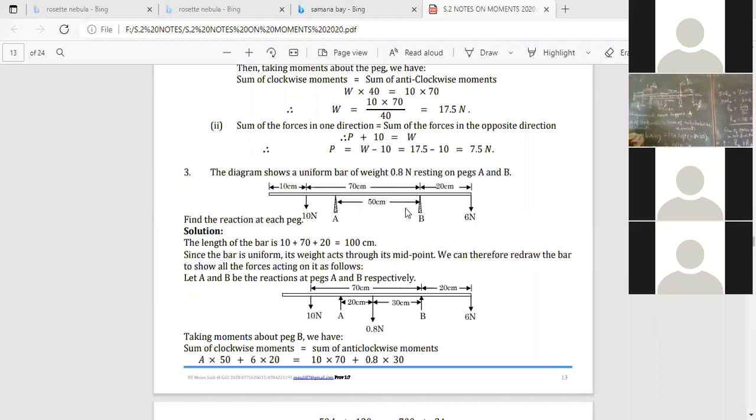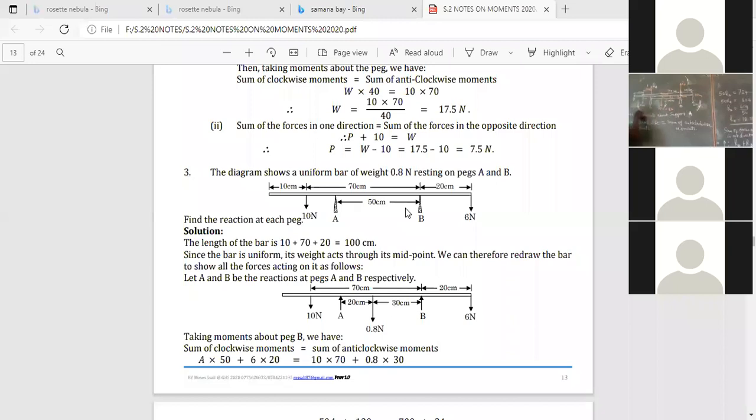Now we substitute. What do we have? We start with the clockwise. This one. Was it clockwise? Yes. Right, 10 times 20.